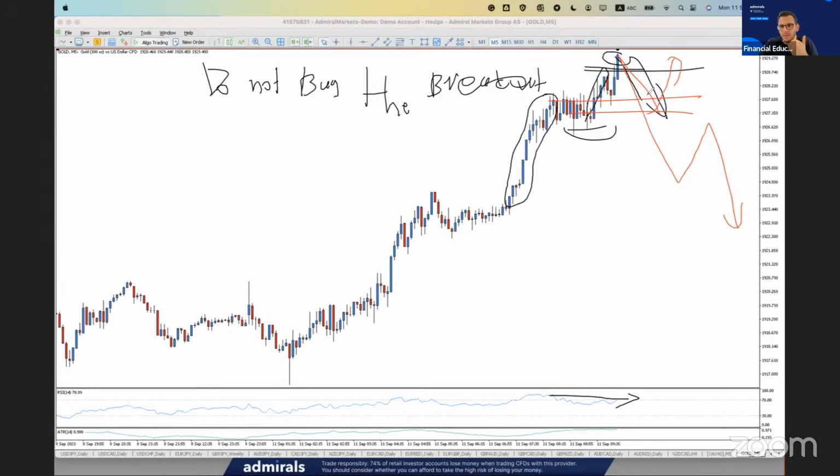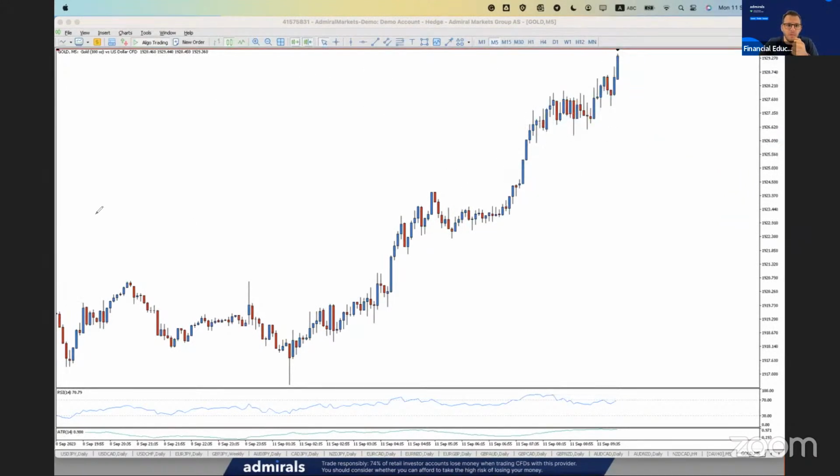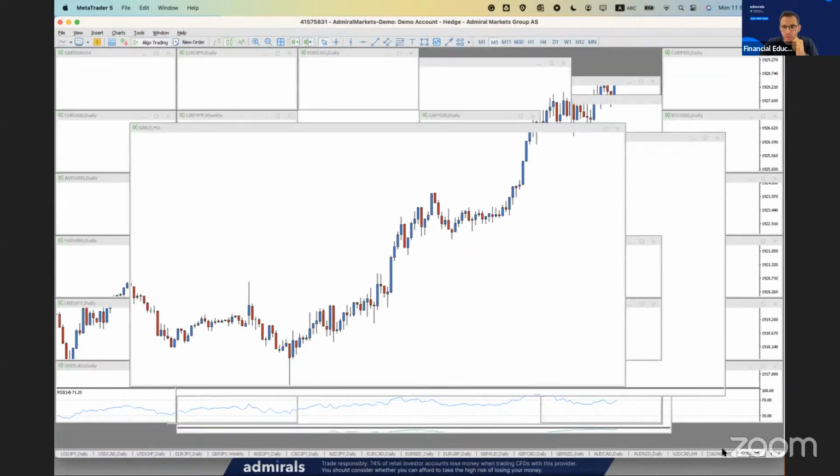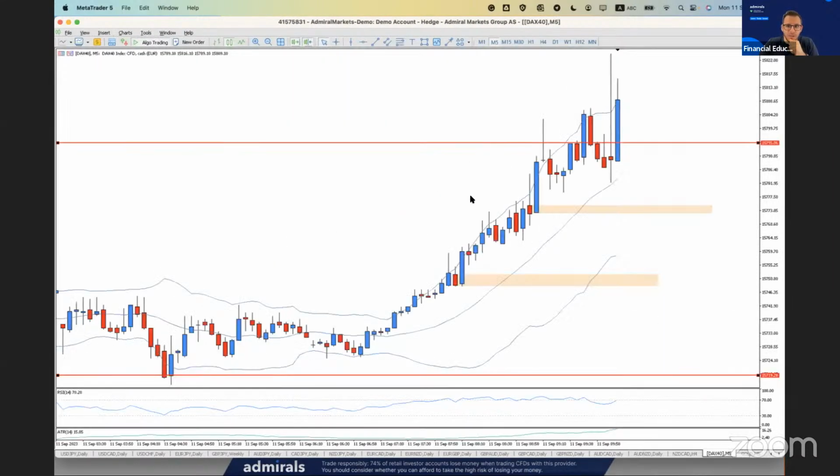That's what it means. All right. I hope you understand this. Now, on the gold 5-minute chart, the market approaches a strong area of support or resistance, and maybe it's going to push to the downside. So that's a false breakout here.